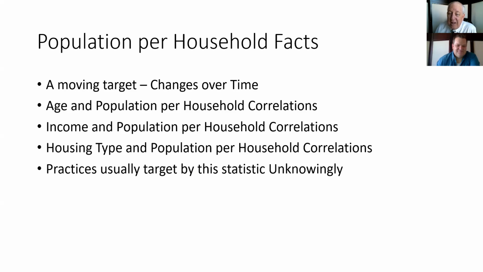You get it? So those are the correlations that you have to count: the age, income, and housing type. And of course, the housing type implies the amount that the house is worth, its general value, and the creditworthiness, and the ability to accumulate wealth within that area. Now, you may say, I don't know, I can't remember all this.